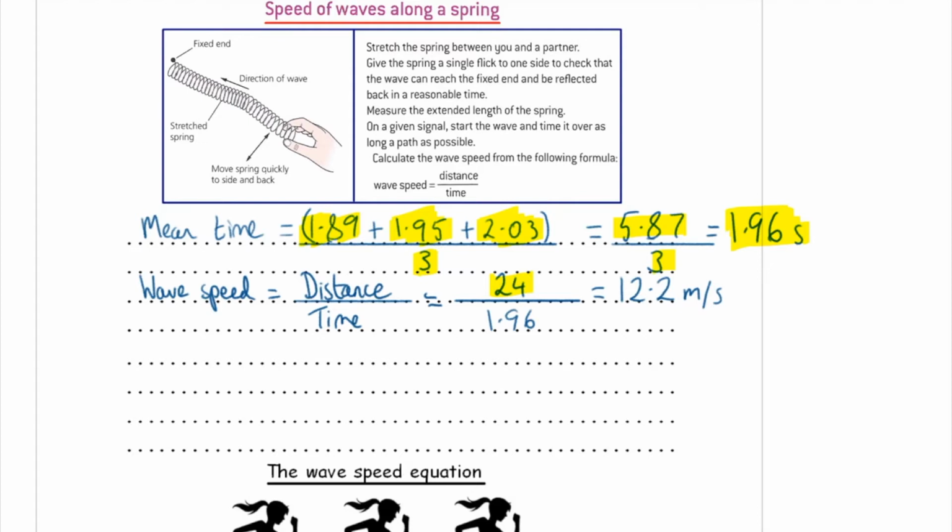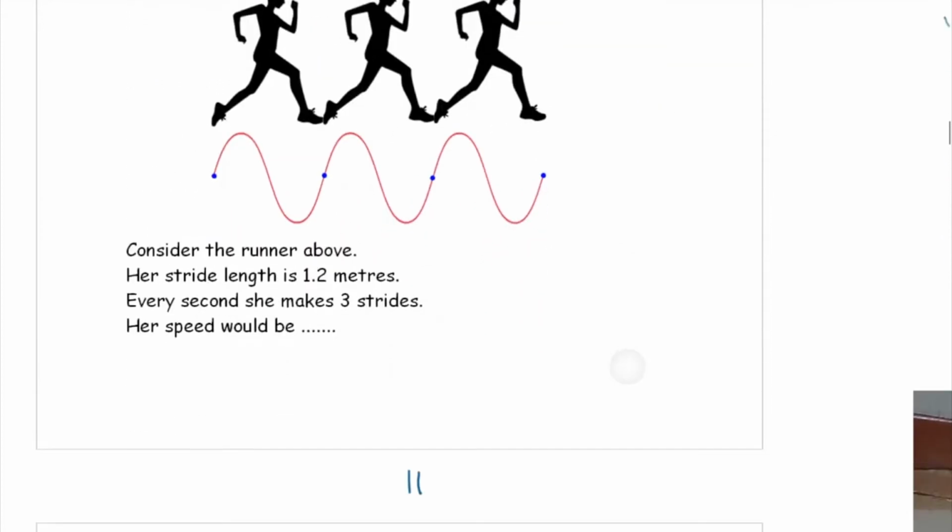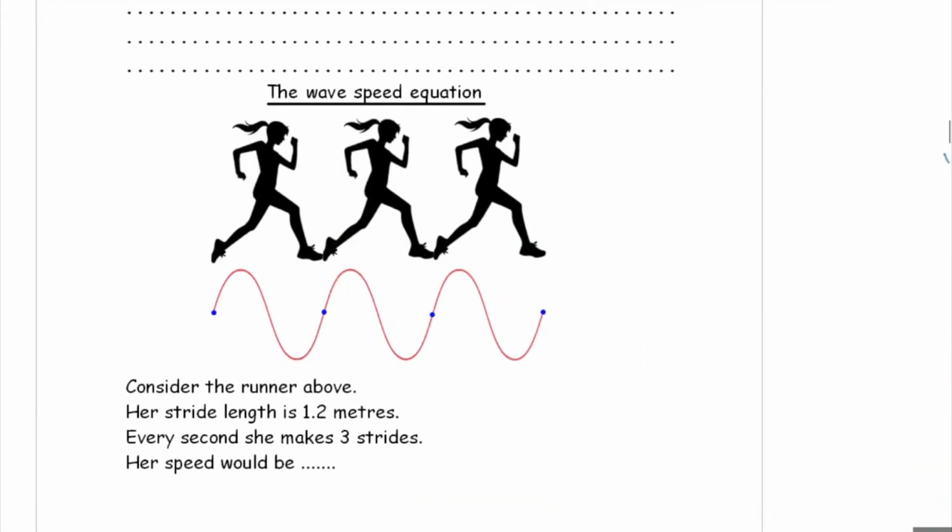There's a second way of calculating wave speed, and that's using what we call the wave speed equation, which is frequency times wavelength. But to try and understand that, let's put it in the context of something we already know.